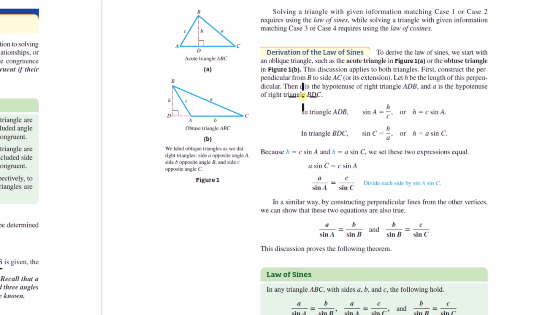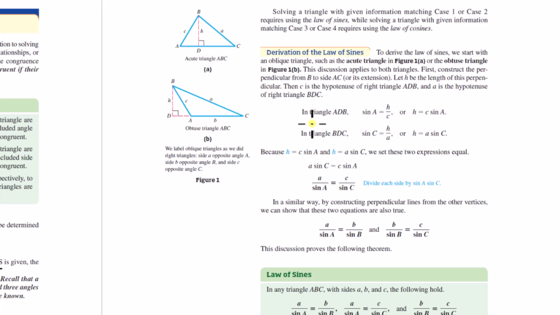Okay, then c is the hypotenuse of the right triangle ADB, and a is the hypotenuse of right triangle BDC. So in ADB, c is the hypotenuse of the right triangle. In BDC, a is the hypotenuse. Same thing here. ABD, c is the hypotenuse. DBC, a is the hypotenuse.